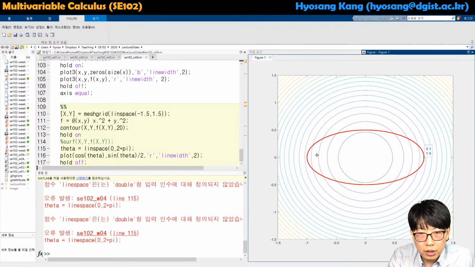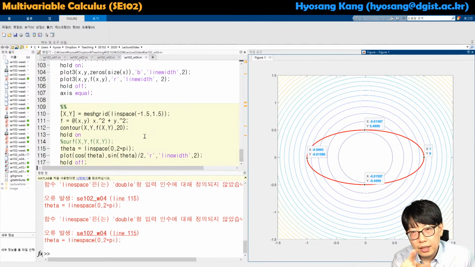There could be a contour line that could touch the ellipse at these two points. And also there is a contour line, a smaller circle, which could touch this ellipse here and here, right?